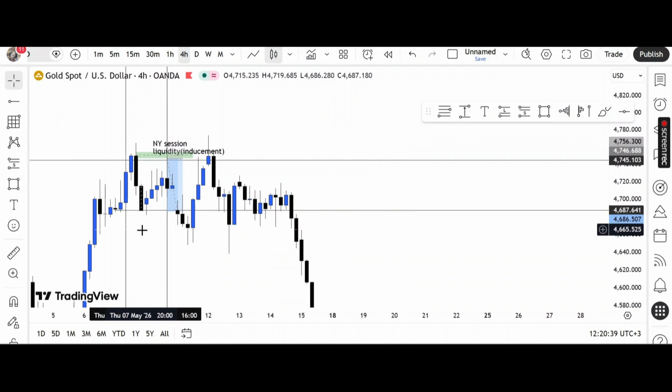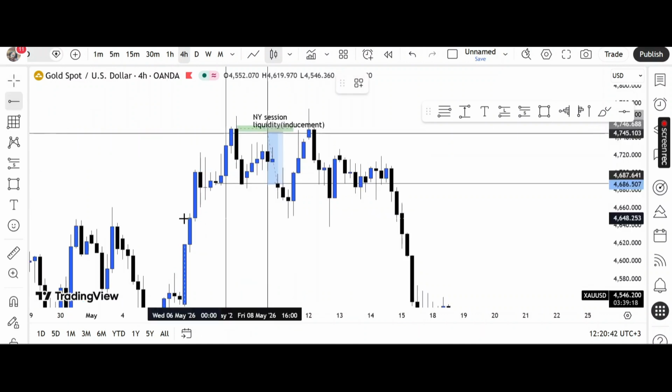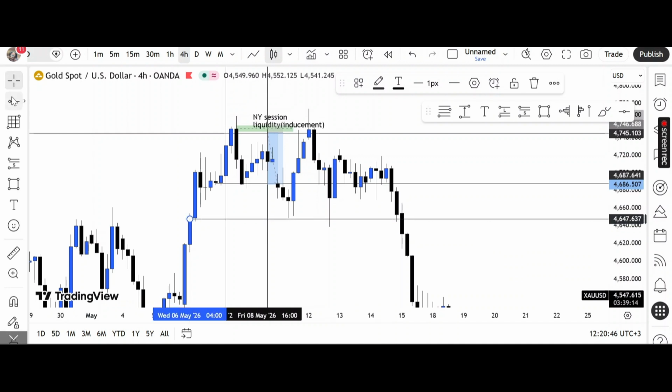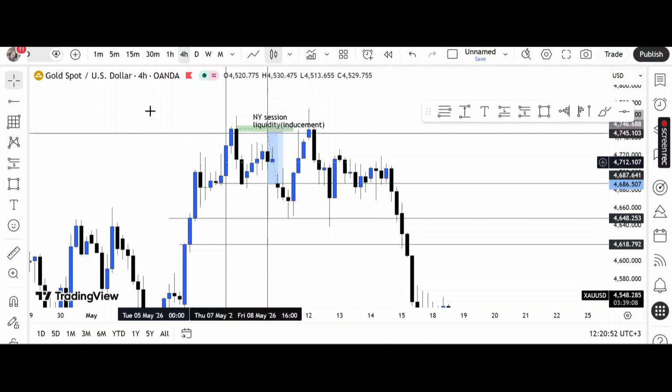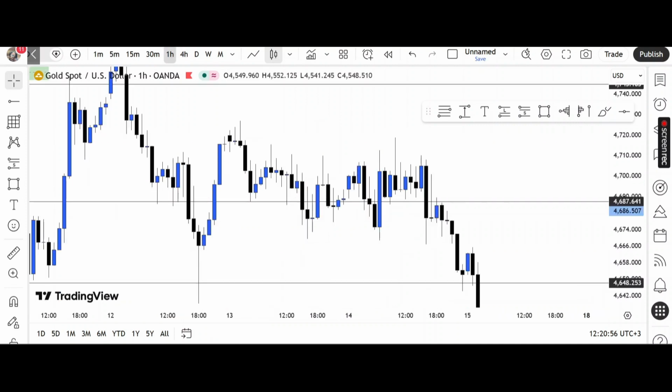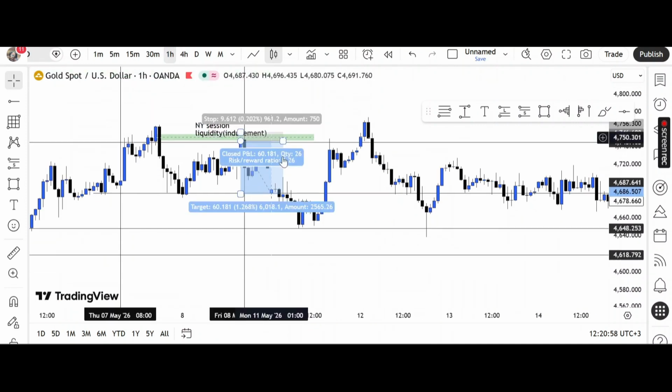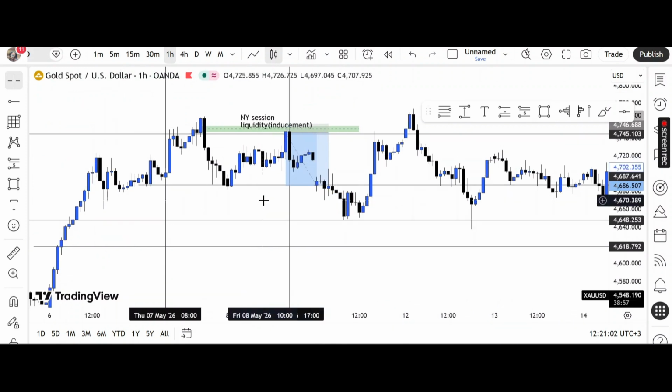My second take profit was here in the open close, and my third take profit was here in this other open and close candle. So yeah, that's pretty much how it was. It was a beautiful 1:6, and so my first TP was smashed, my second TP was smashed, and my third TP was not smashed.